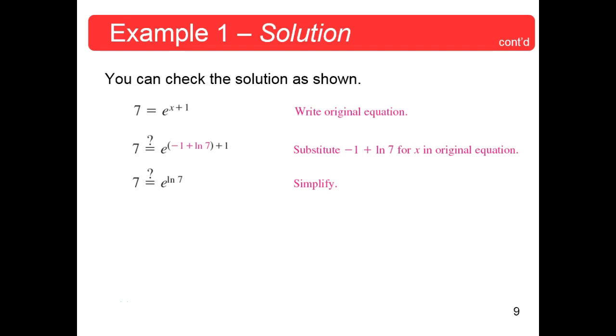Well, e to the 1 is 1, and e to the log 7 is 7. So it does work out. They skipped way too many steps there.